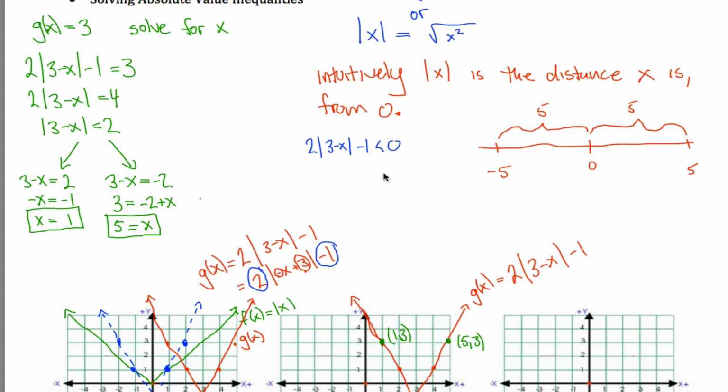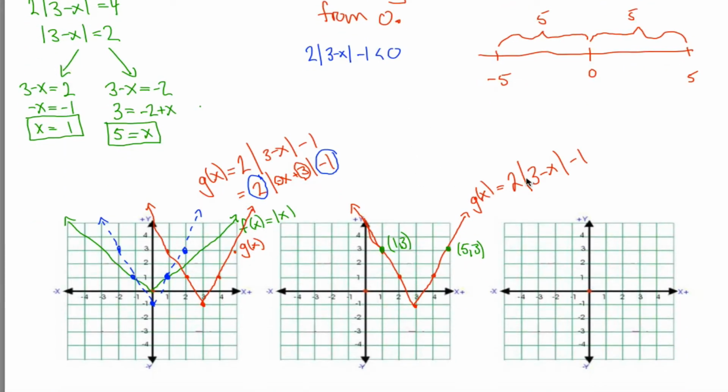How would you do it? Turns out that it's harder than you may think. The easiest way would be graphically. 2 times the absolute value of 3 minus x, minus 1, is exactly what I have graphed right here. So really what this is asking me is, when is the output for this function less than 0? Well, I graph the output of this function on the y-axis, so it's less than 0 down in here.